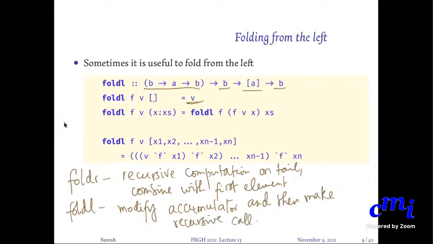Your initial accumulator will be some simple value like 0, or whatever you want the result to be on the empty list. But as you make a recursive call, you don't make a recursive call and then come back and combine. You modify the accumulator and then make a recursive call.